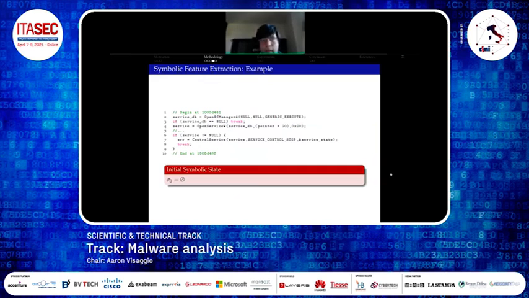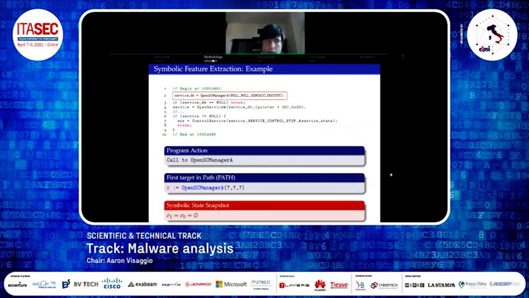Now I'll explain our symbolic feature extraction technique. We start from the first instruction. Before starting, the initial symbolic state is an empty state. The first instruction is an API call, OpenSCManager, which I already introduced.